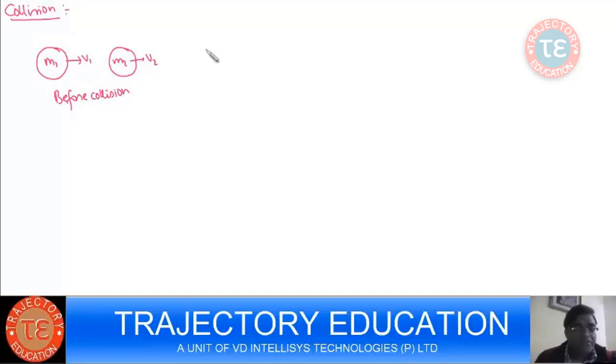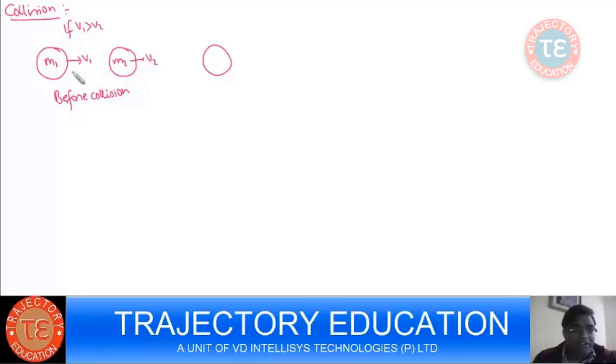Suppose v1 is greater than v2, then a time will come when the distance between them is going to fall.